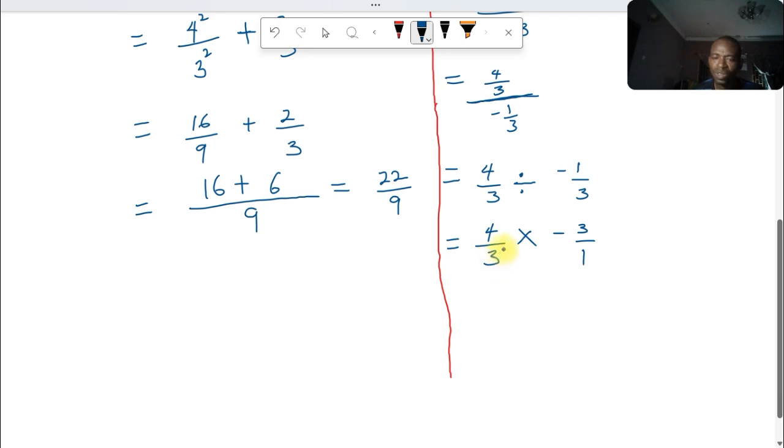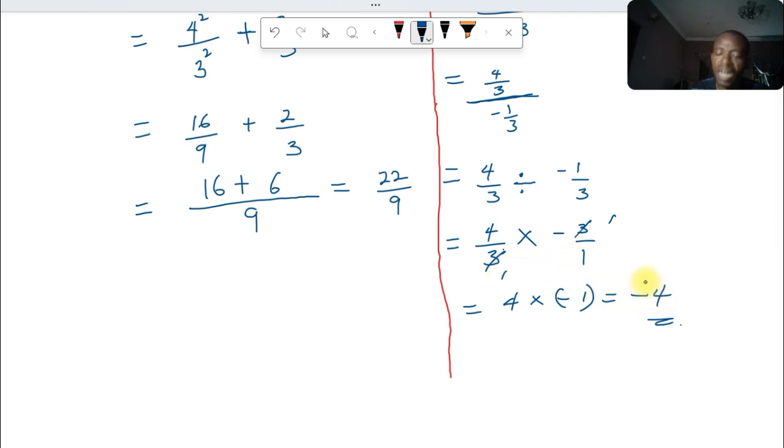Therefore, 3 will go into 3 once, 3 will go into 3 once, and you have 4 times minus 1, this is minus 1, then 4 times minus 1, times minus 1, is equal to minus 4. So this is our answer. Of course, 4 over 1 is 4, minus 4 over 1 is minus 4. So that's how we have our outcome to be minus 4.